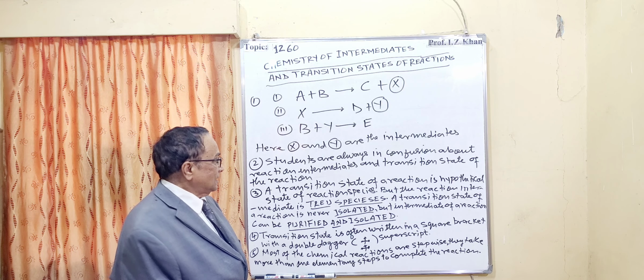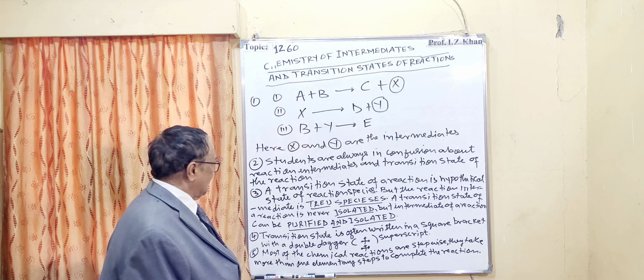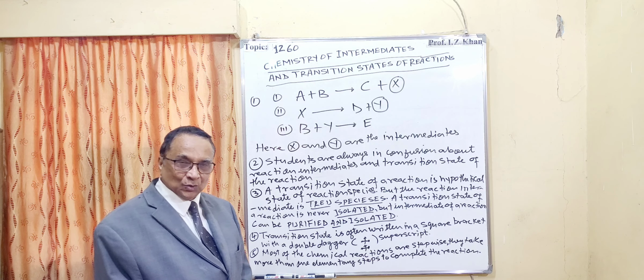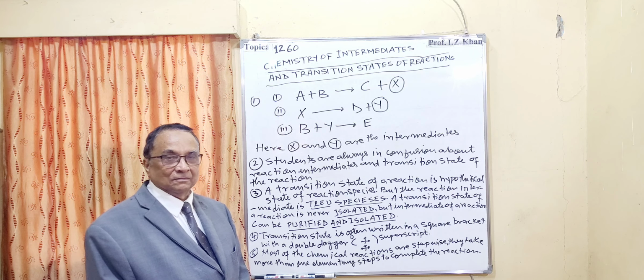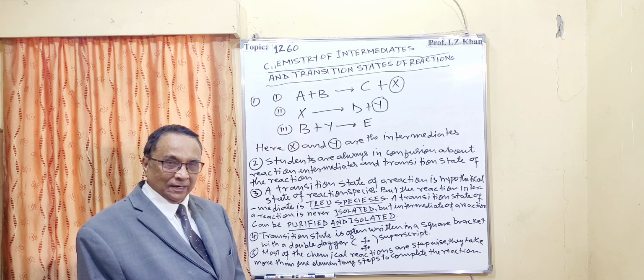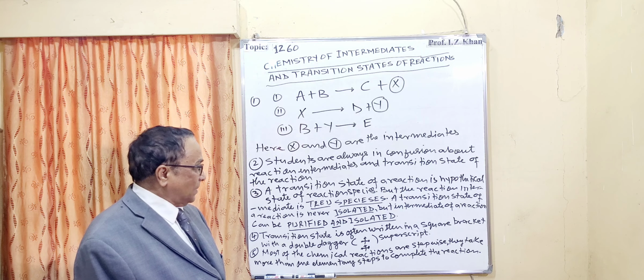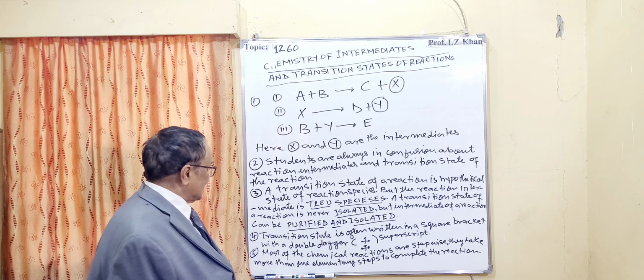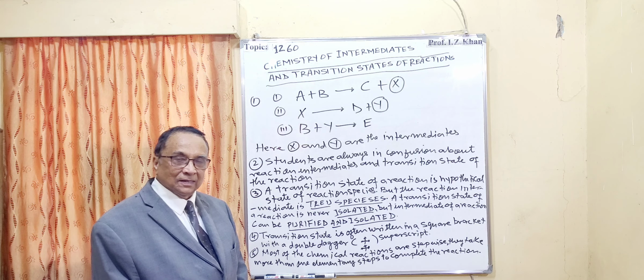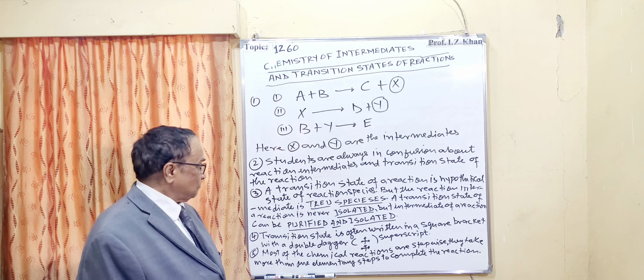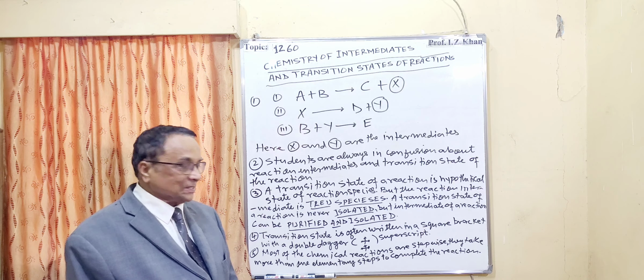And a transition state of a reaction is never isolated, never purified. You will never get it in your hand. But an intermediate of the reaction can be purified, can be isolated from the reaction mixture.